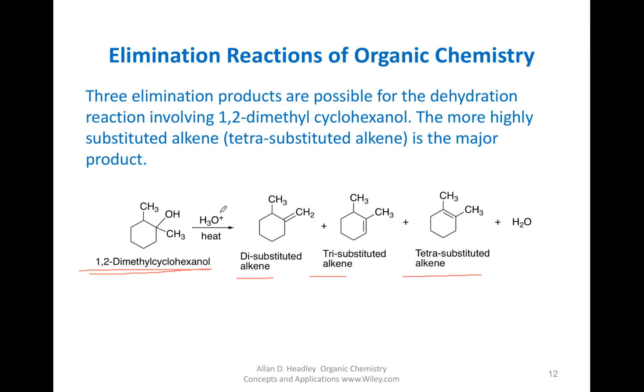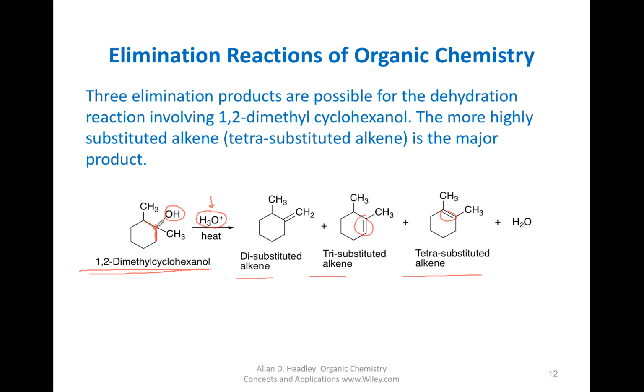3 possible products. It's acid catalyzed, so this OH becomes a good leaving group in the presence of an acid. We form the carbocation right here. As you can imagine, we can form a double bond here, and here it is. We can form a double bond here, and here it is.